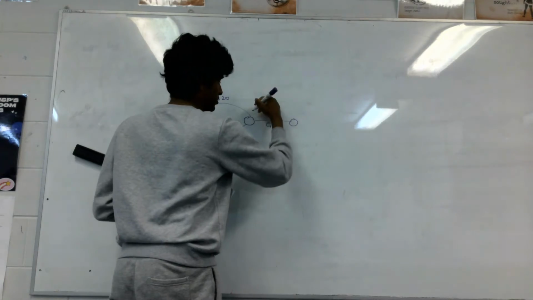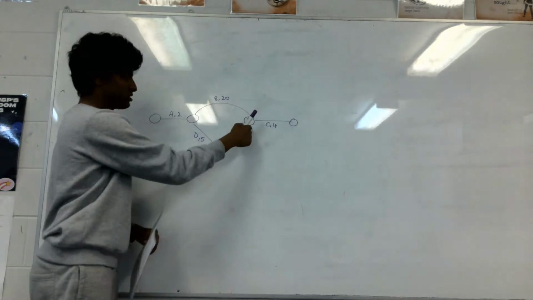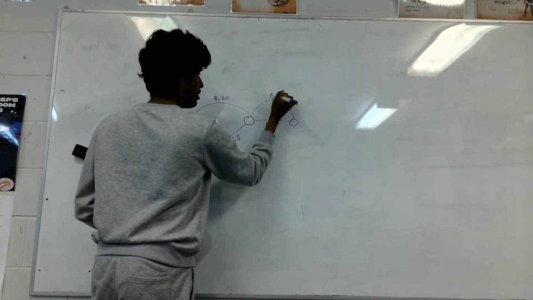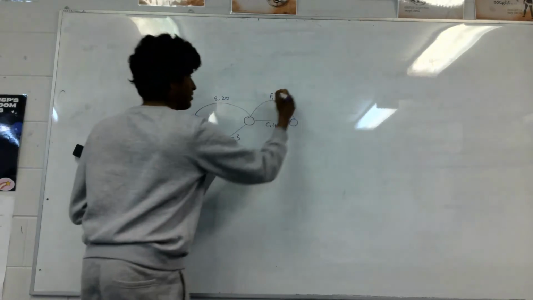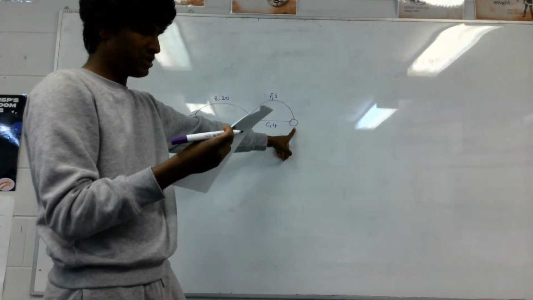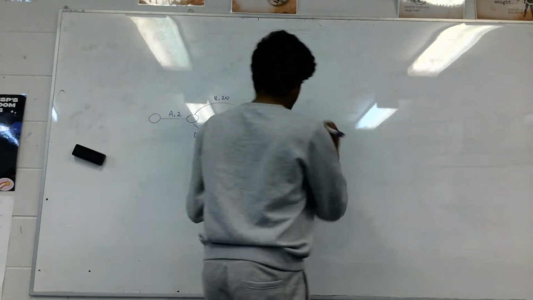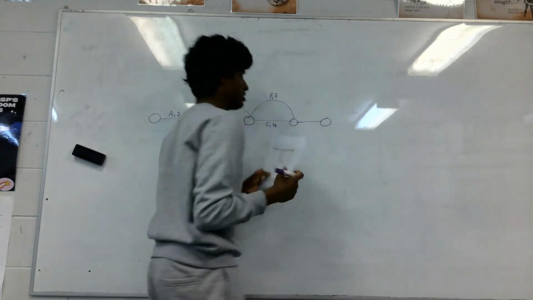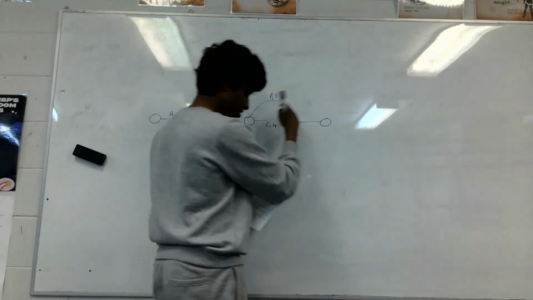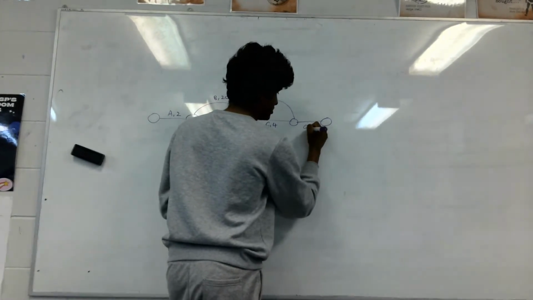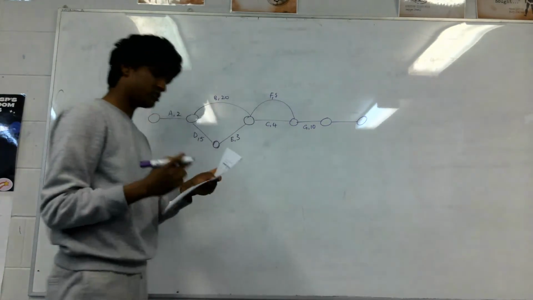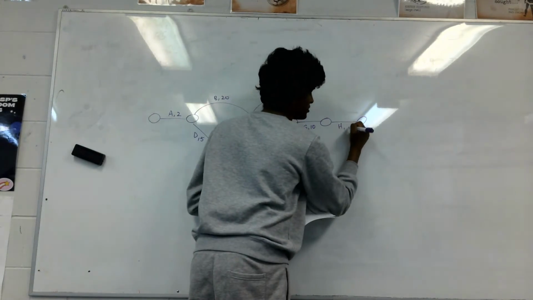So once you get to this point, D and E are done, so activity F can start, which is 5 minutes. And then when you get to this point, activity G starts. Activity G can only start when C and F are done, so G is 10 minutes, and then the last activity H starts when G is done, so that's 12 minutes.